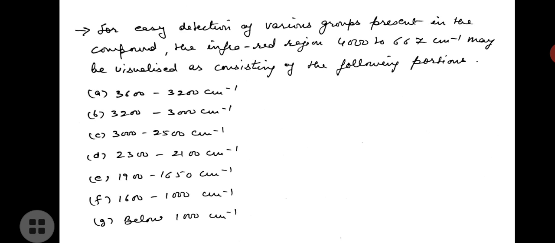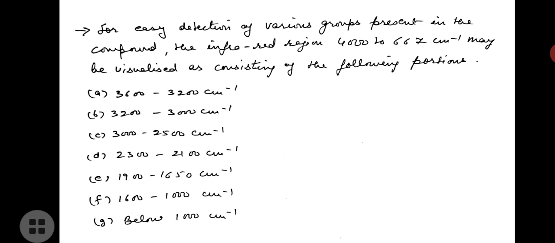The next is 1600 to 1000 cm⁻¹. This region is very important for identifying nitro compounds and also confirming the presence of ethers, esters, primary, secondary and tertiary alcohols. And then last is below 1000 cm⁻¹. This region is very useful in identifying the type of substitution in the aromatic ring.